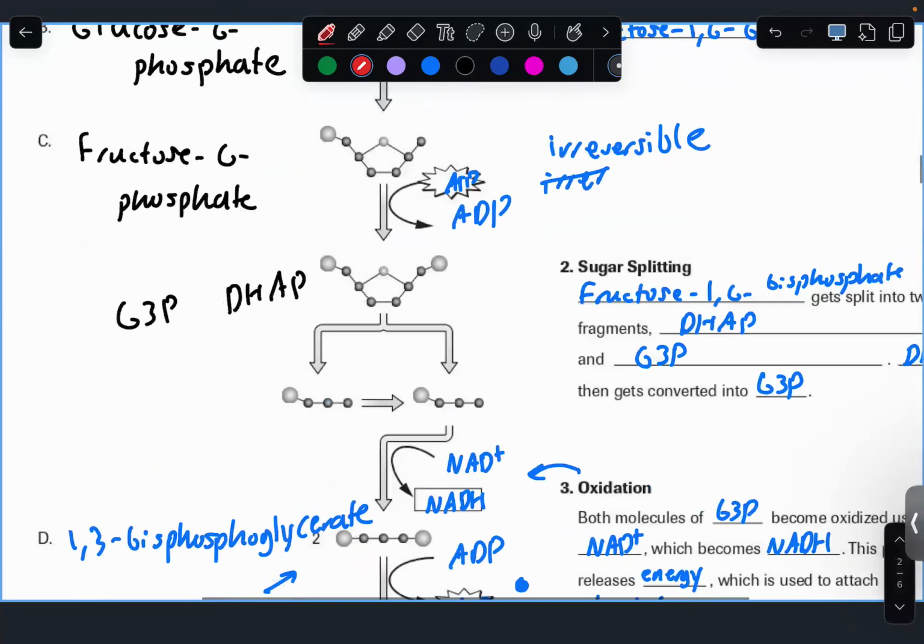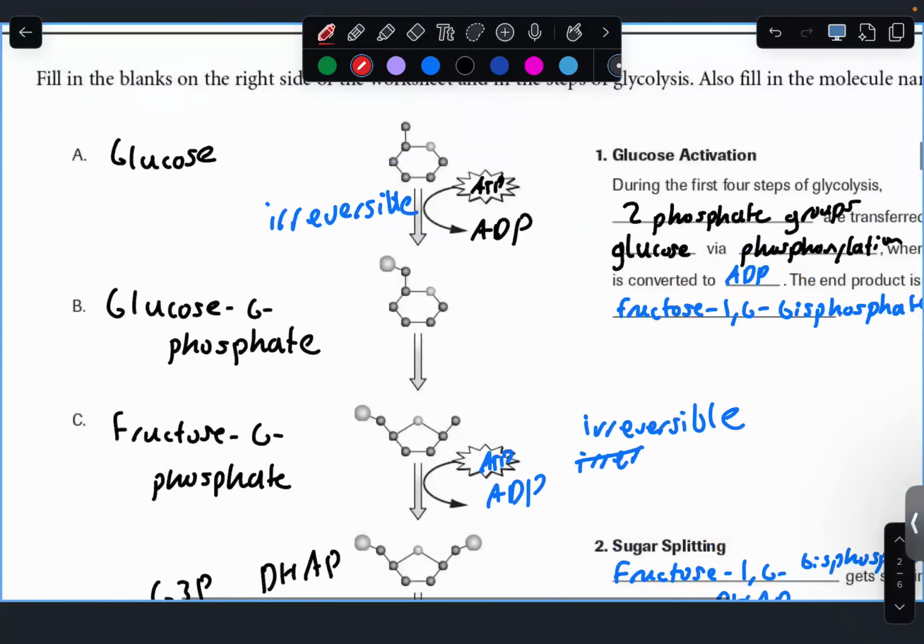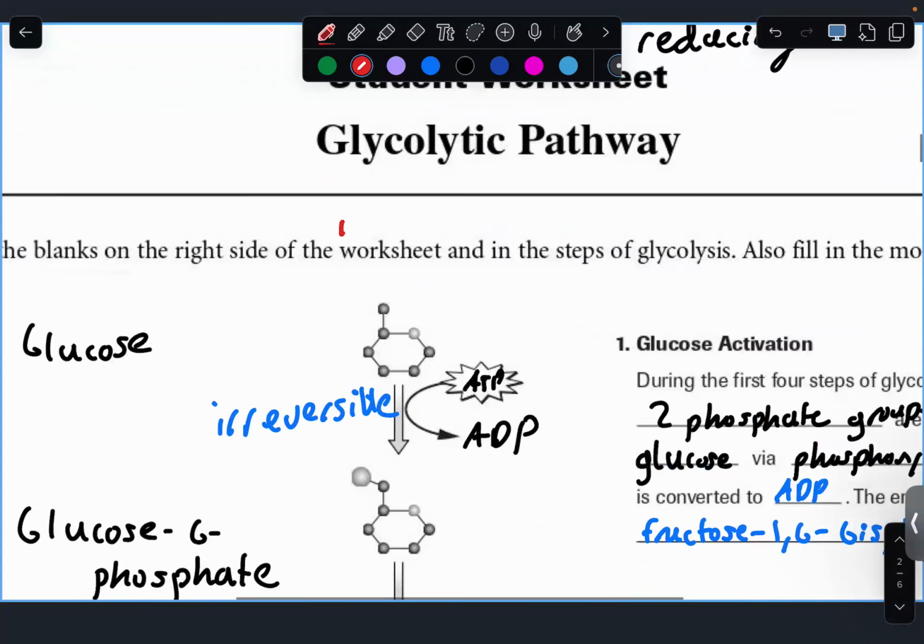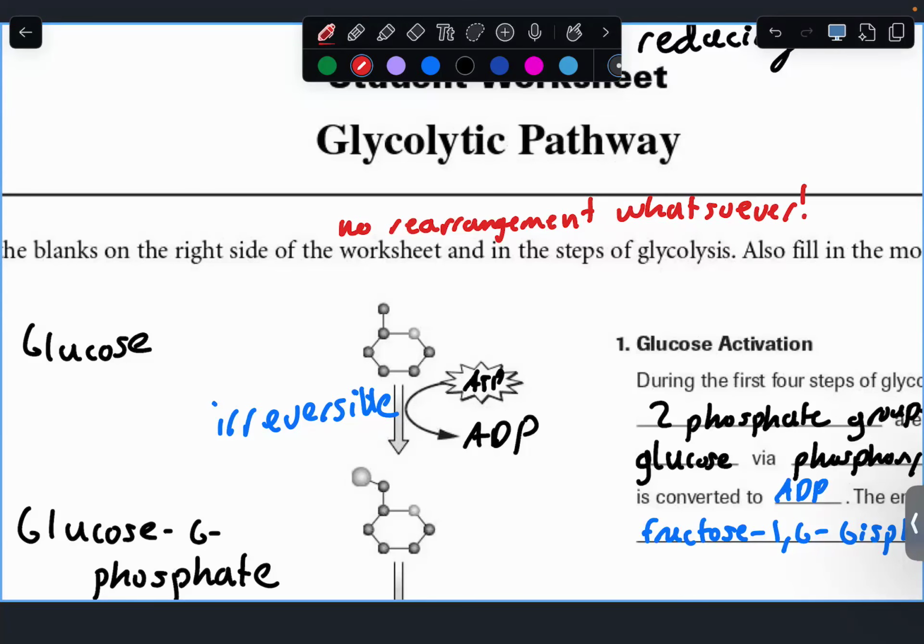But I want you to notice that unlike the terpene chemistry, where we generated a carbocation, which was susceptible to rearrangement and cascade cyclization and all that, here we have no rearrangement whatsoever. All of the carbons will maintain their same relative order regardless of what molecule they're in.